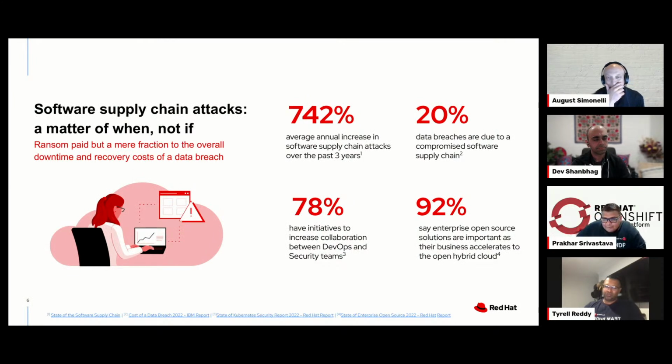All the numbers which August threw in front of us show how many security attacks are happening and how many dollars we are losing: $4.45 million in 2023, while in 2022 it was 4.36, a 2.6% increase. So this is something we have to take care of.